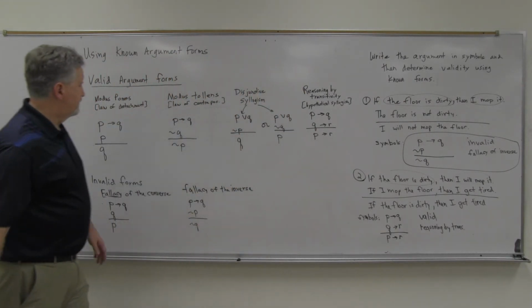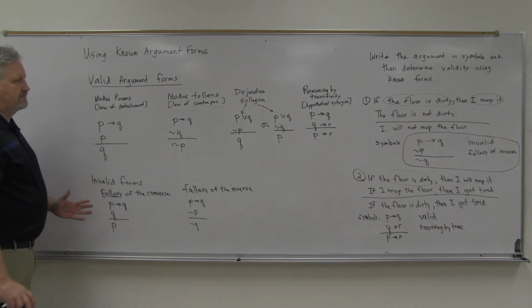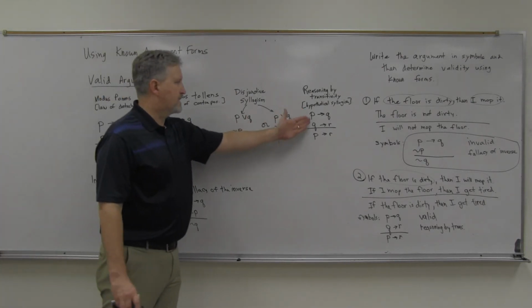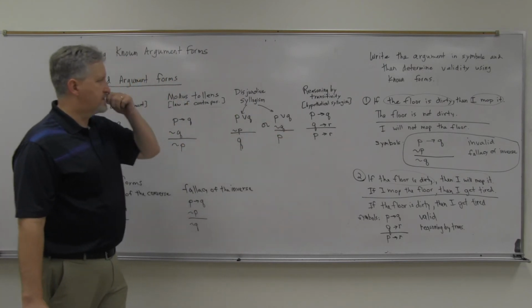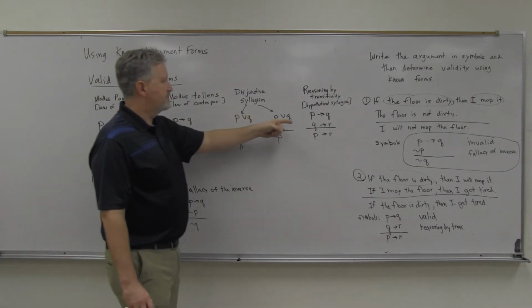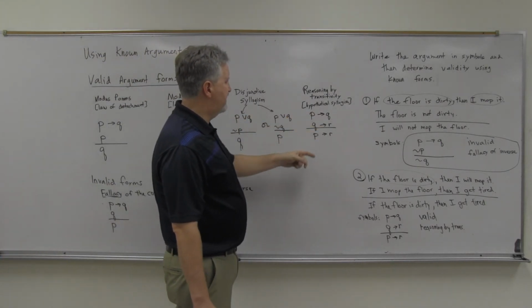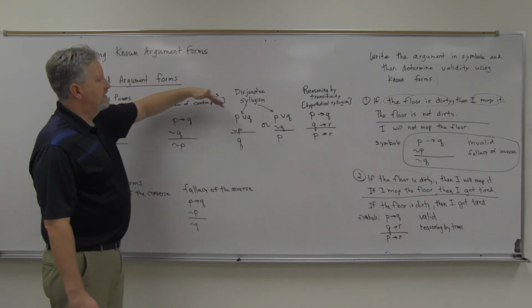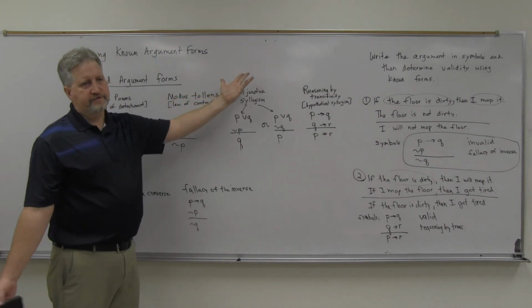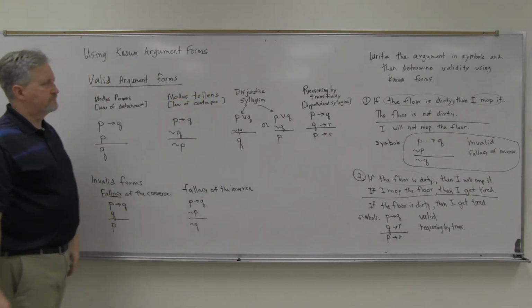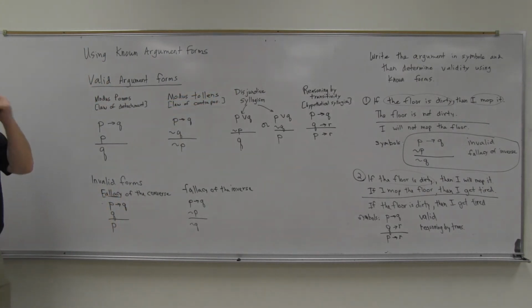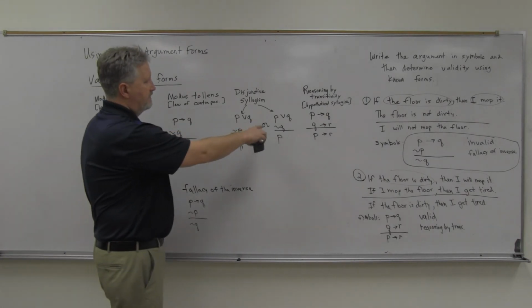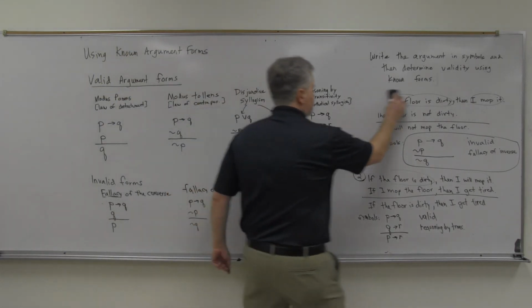Most of these, I sometimes refer to that as a kind of chain rule for arguments, kind of chaining them together. This one's kind of the only one different because the others involve the if P then Q. This is P or Q, so those are usually pretty easy to recognize. But the only thing is, let's do one more here.